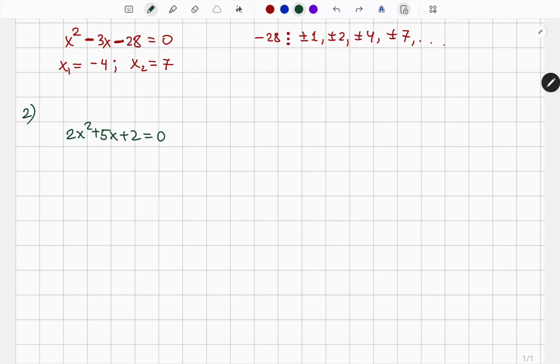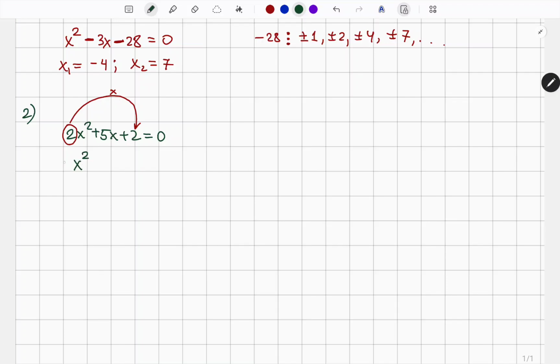The method I'm going to use is fantastic. Why is it fantastic? Because I take the leading coefficient and I move it by multiplying by the constant term. So 2 is no longer a leading coefficient. It goes to the constant term by multiplication.